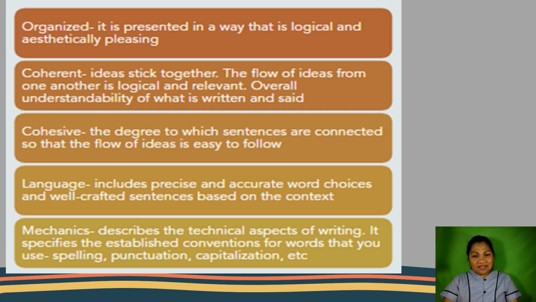The last one is the mechanics. What is mechanics? This describes the technical aspects of writing. It specifies established conventions for words that you use. So spelling, punctuation, capitalization, and others.